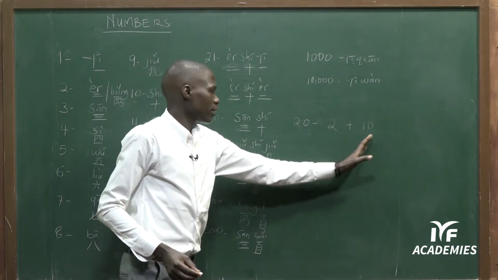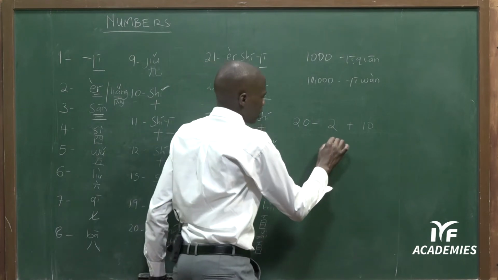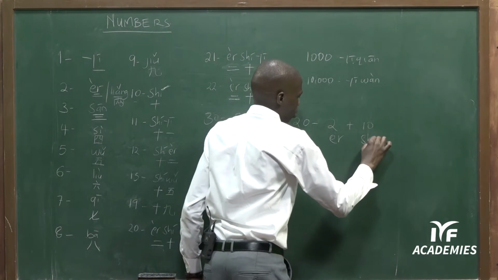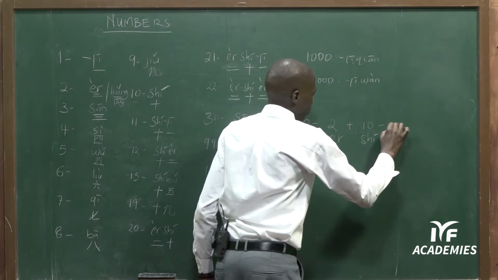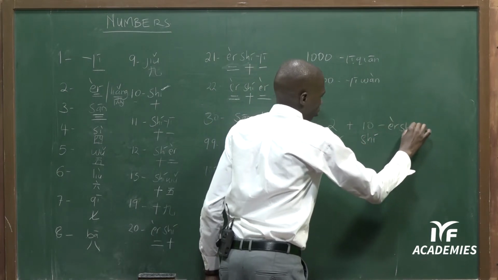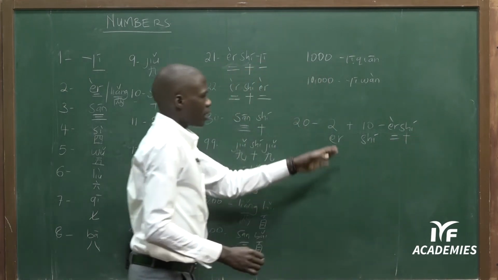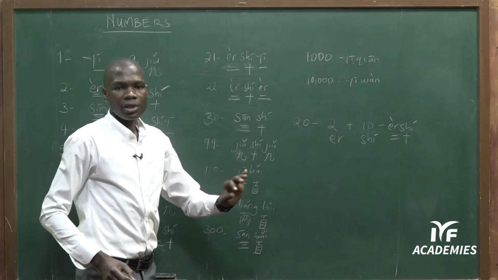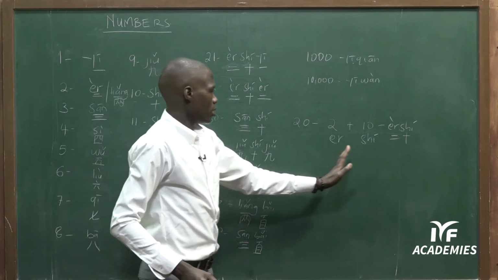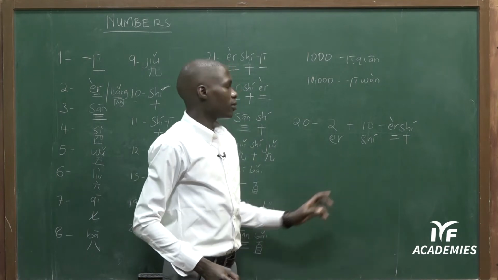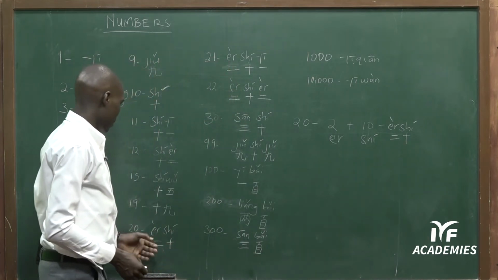So it becomes er plus shi, which is er shi. So er shi is 2, then 10.